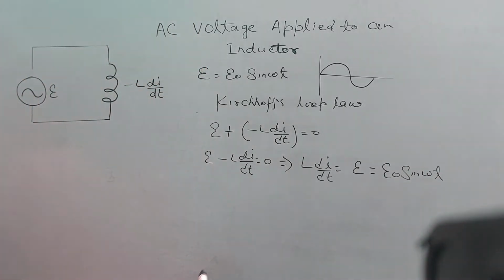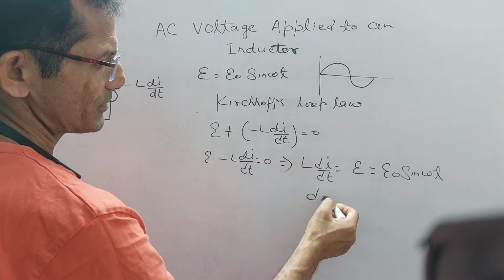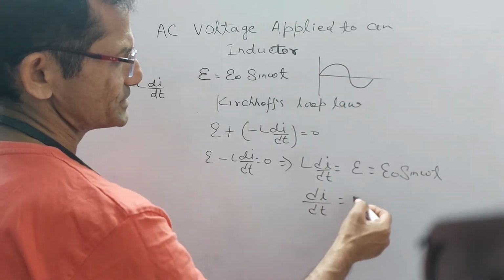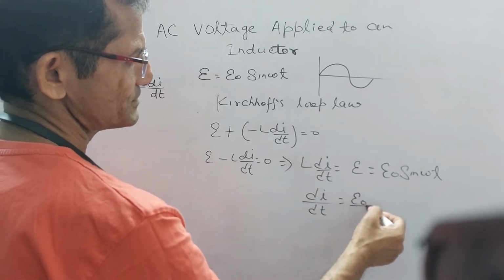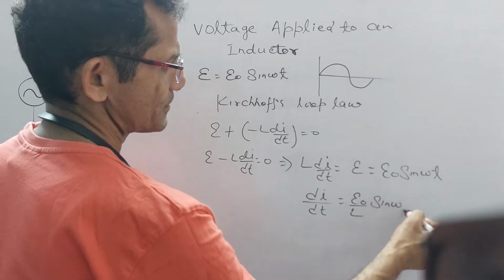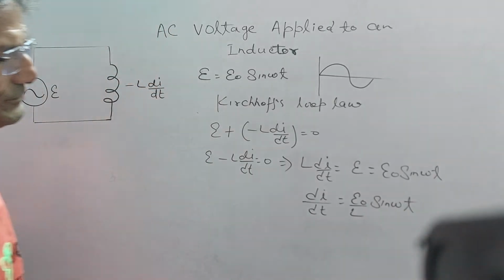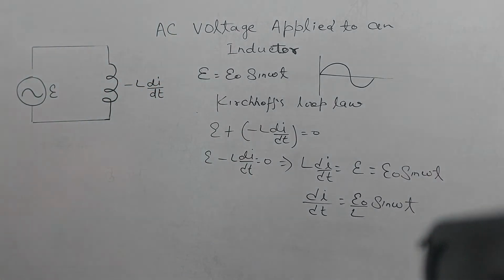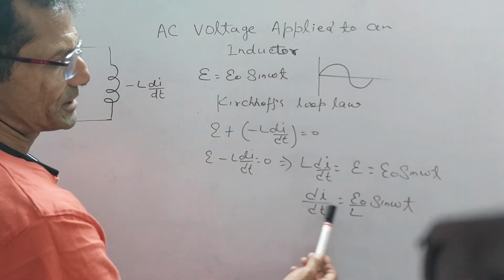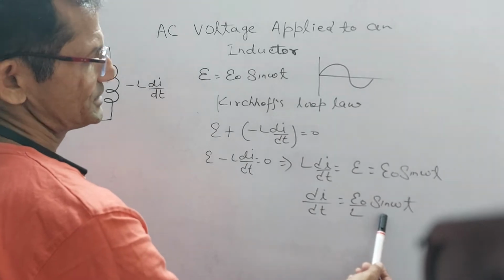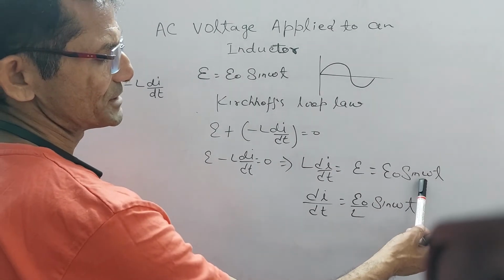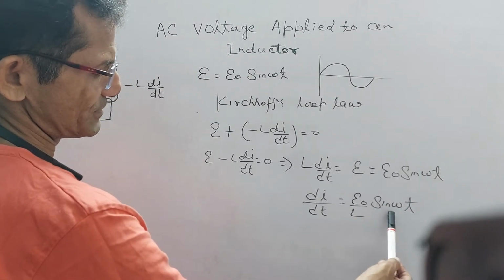Now from here we can calculate the time rate of change of the current, which is E naught divided by L sin omega t. This is the slope of the current with time. The slope of the current is in the same phase as the source voltage, which is also sin omega t.